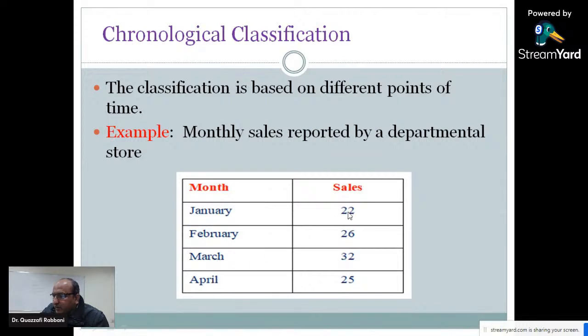In January, the total number of sales is 22. So the sales data is organized on the basis of month. This type of classification is known as chronological classification.